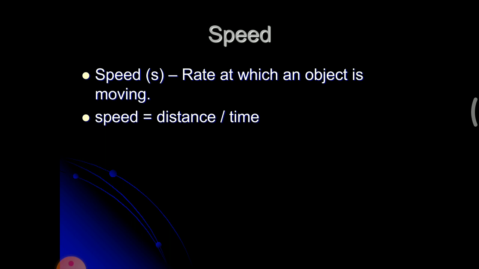So speed equals distance by time, s equals d by t. The time is represented by the small letter t, the distance by the small letter d, and the speed by the letter s.